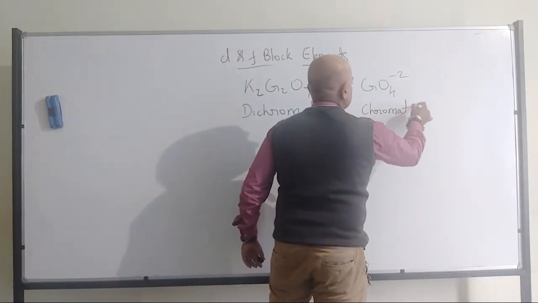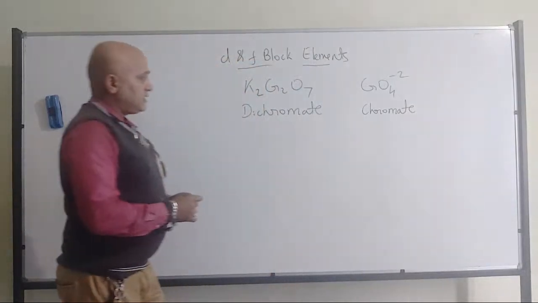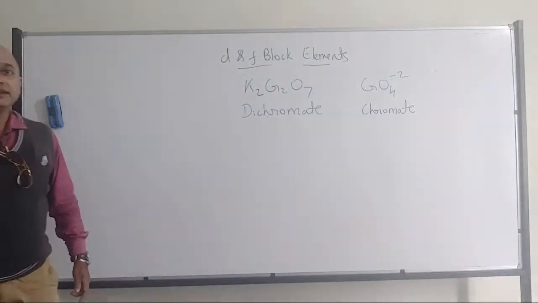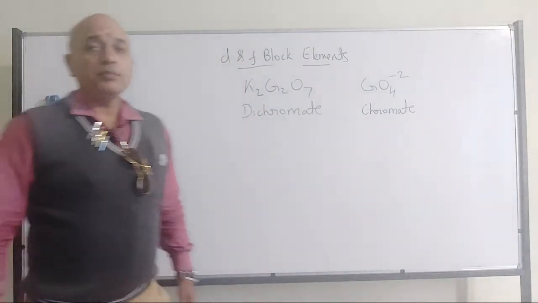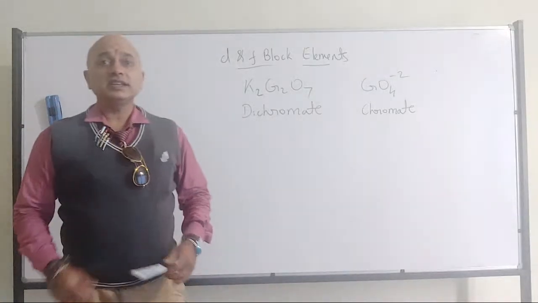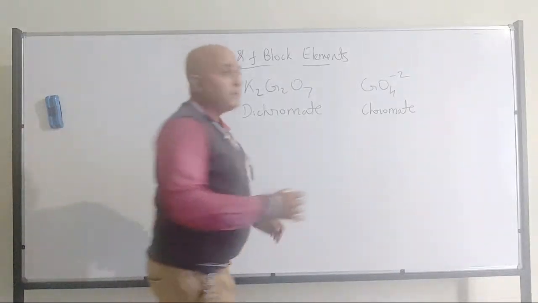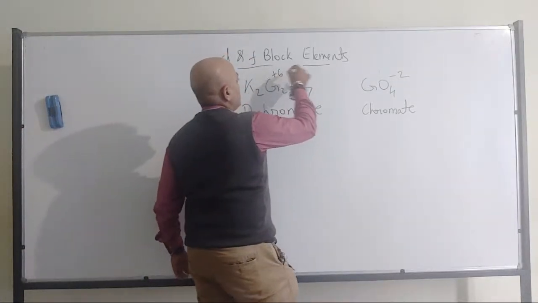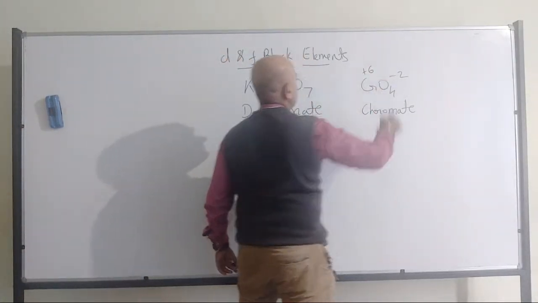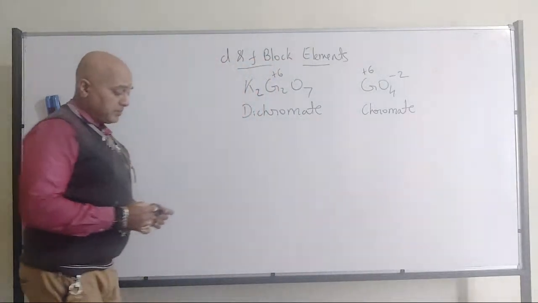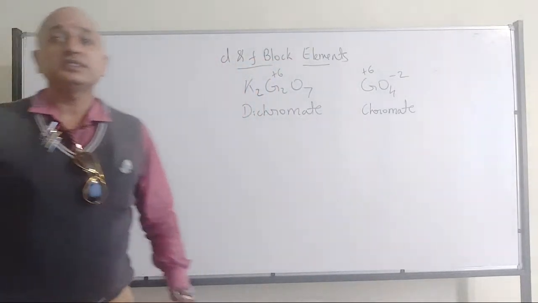So we have discussed about these two, right? Now when I am talking about these two, what is the oxidation state of chromium in both the cases? It will be +6. In both the cases, chromium, the central atom, has +6 oxidation state.